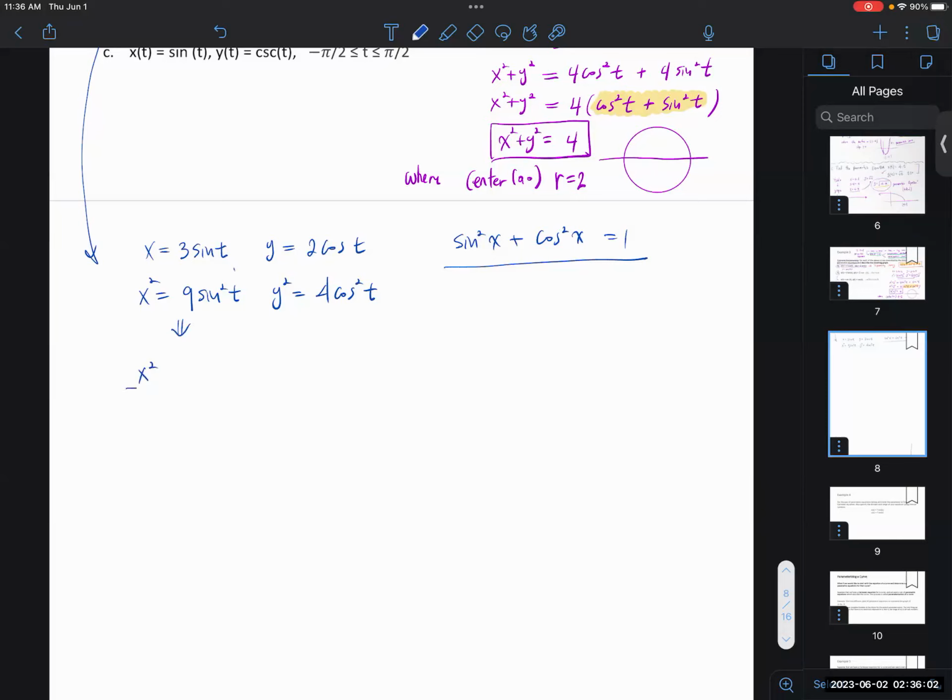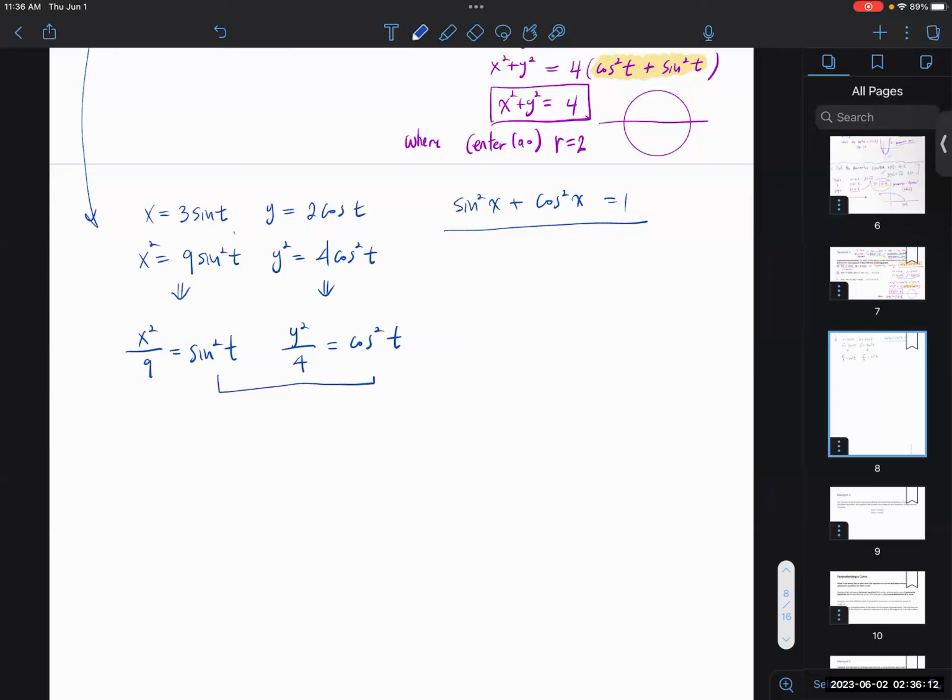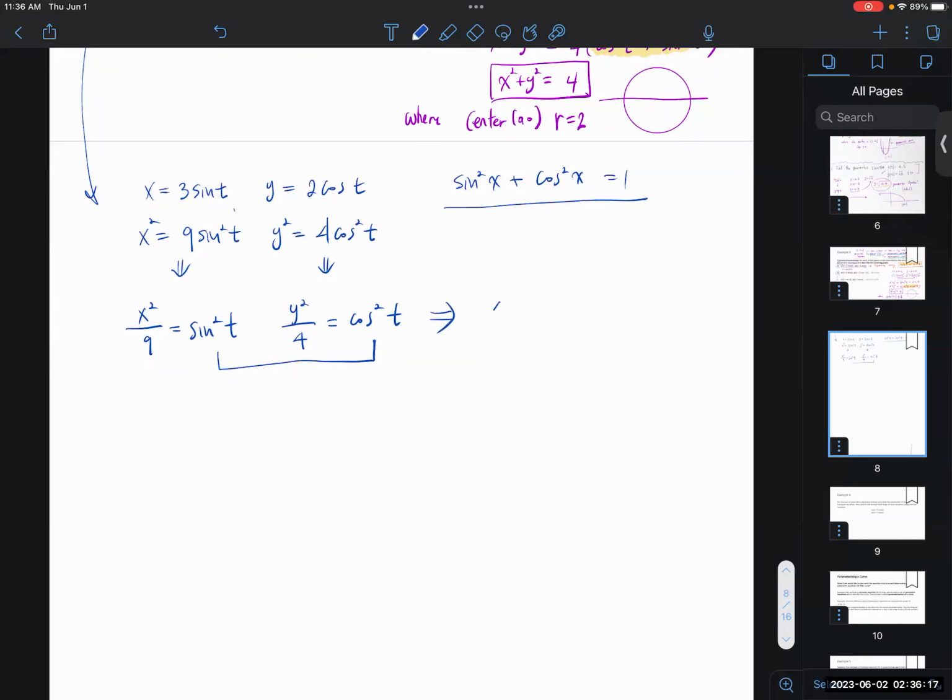So x squared over 9 will be sine squared t, correct? And y squared over 4 is cosine squared t. So now we can add those two, because that's 1. What happened? x squared over 9 plus y squared over 4 is sine squared t plus cosine squared t.